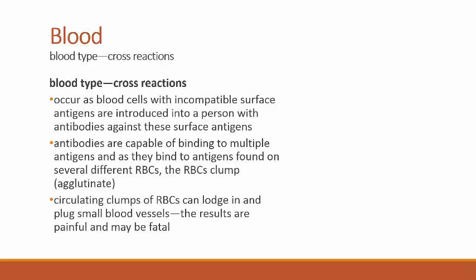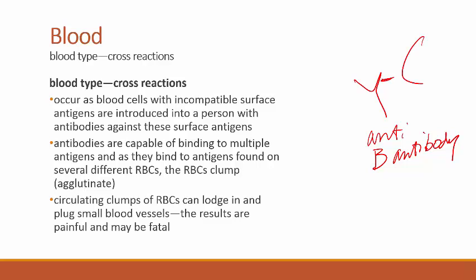Because antibodies are capable of binding to multiple antigens, when, let's say, we have an antibody here, maybe this is an anti-B antibody, and it binds here to one of the B groups hanging off of this red blood cell.